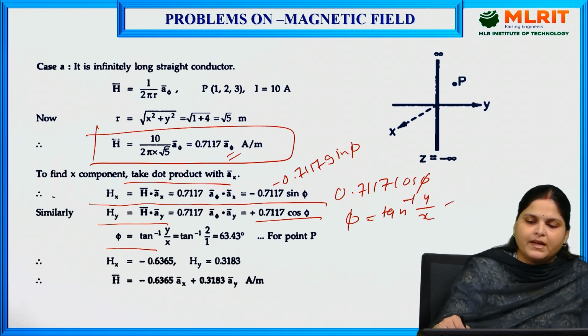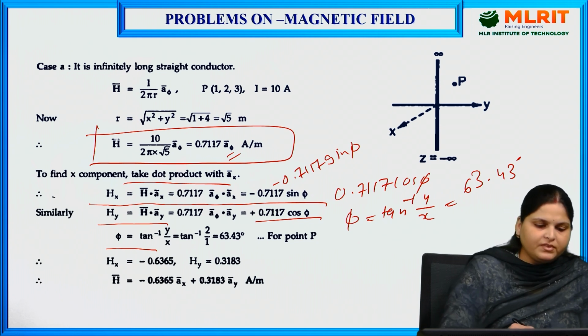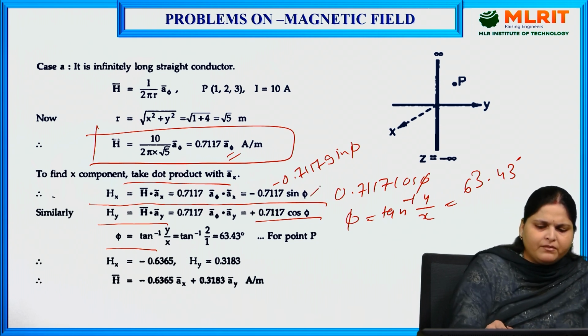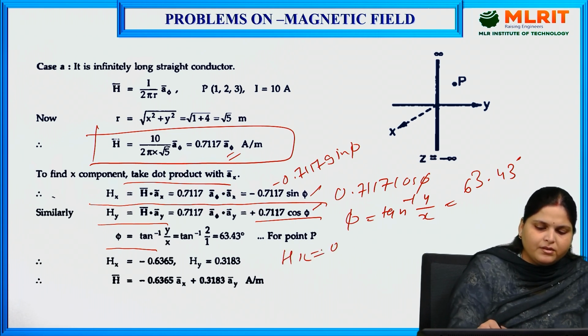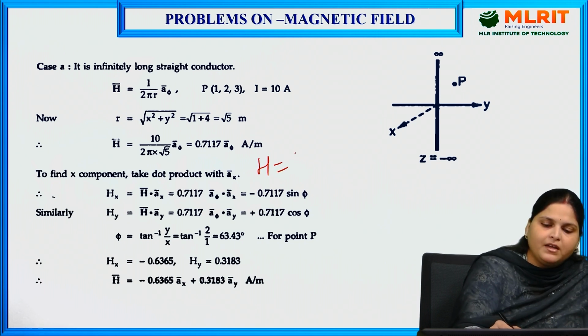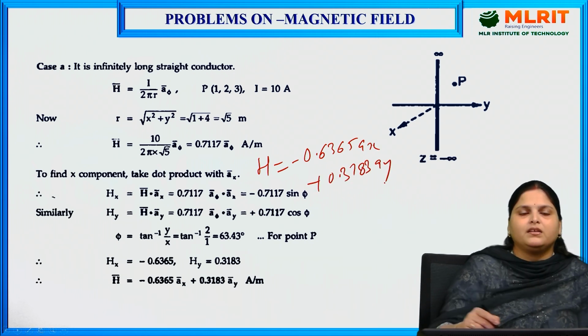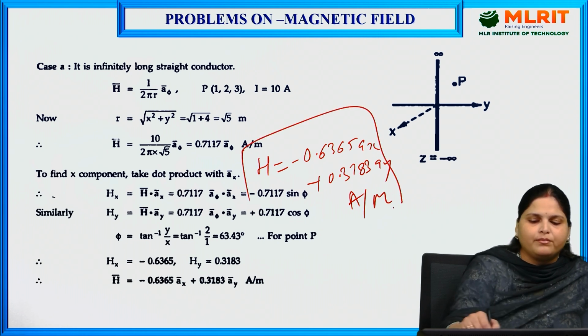So this we will get as 63.43 degrees for point P. So by putting phi as 63.43, we can find Hx as minus 0.6365 and Hy as 0.3183, and from here we can even get the equation of H in terms of x and y as minus 0.6365 a x plus 0.3183 a y, and the unit is ampere per meter.